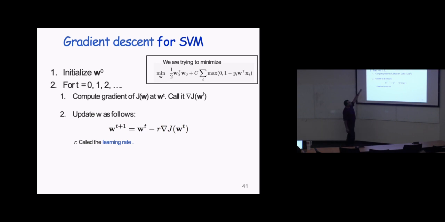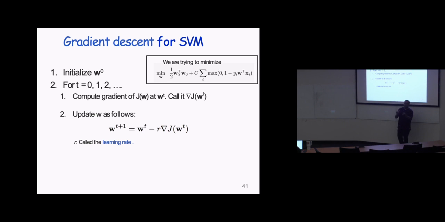So you start with some random weights, or zero weights, and you update rules like this. You update over t iterations, and at each iteration your new weights become the current weights, you subtract the gradient of the loss function, and r is just a learning rate.